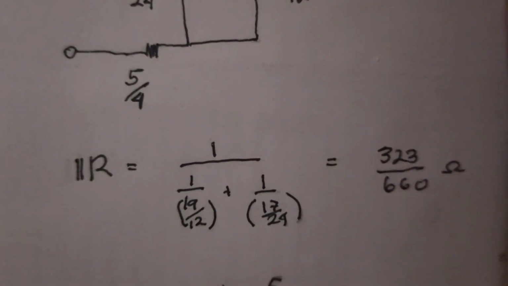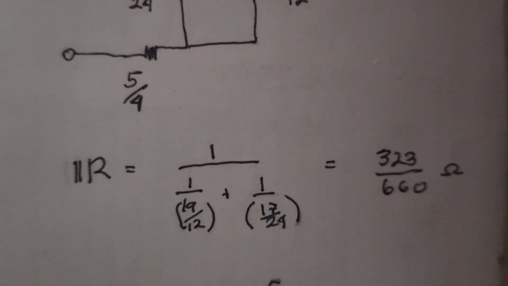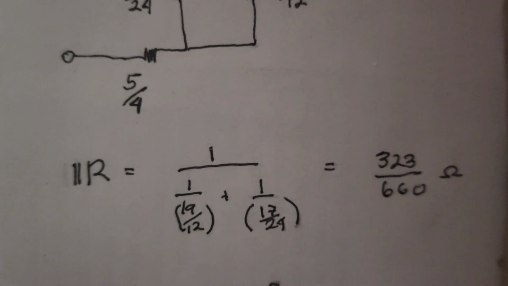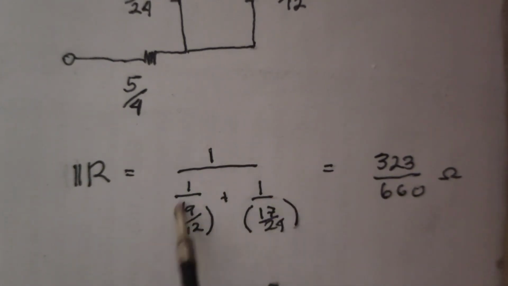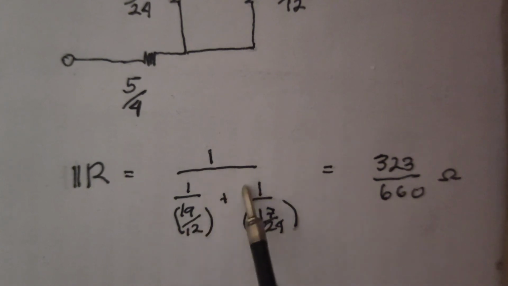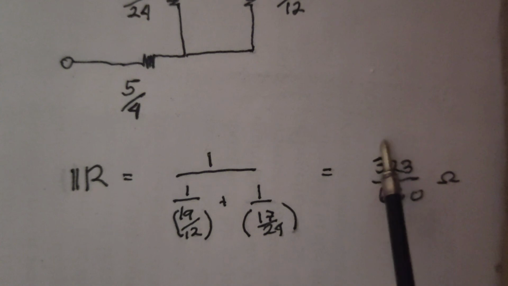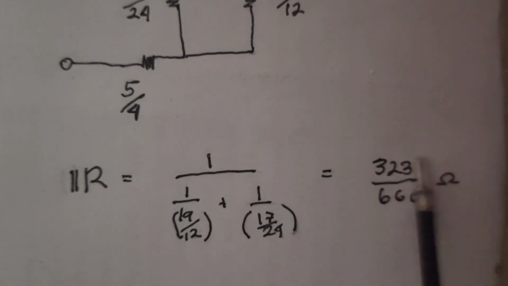In adding parallel resistances, there is the formula, which is 1 over the first parallel resistor, plus 1 over the second parallel resistor. Then we got a total resistance of 323 over 660 ohms.